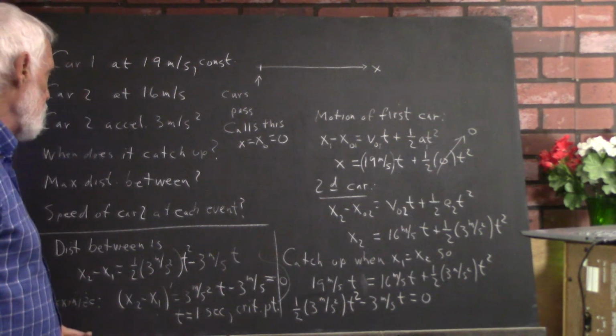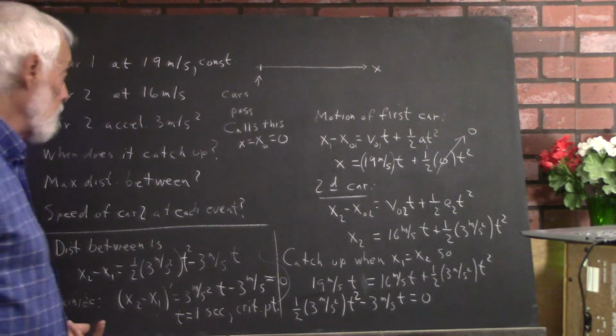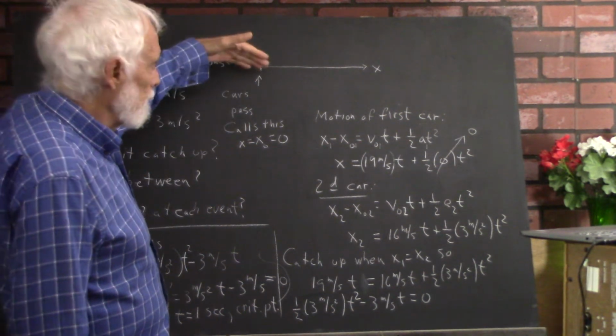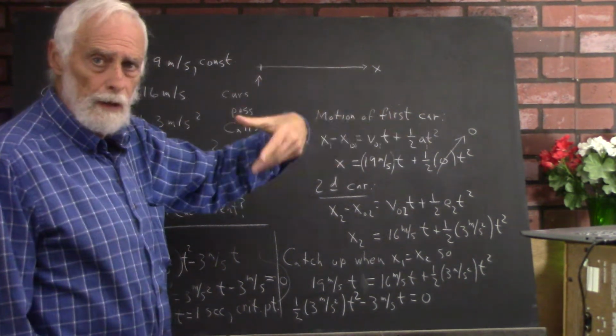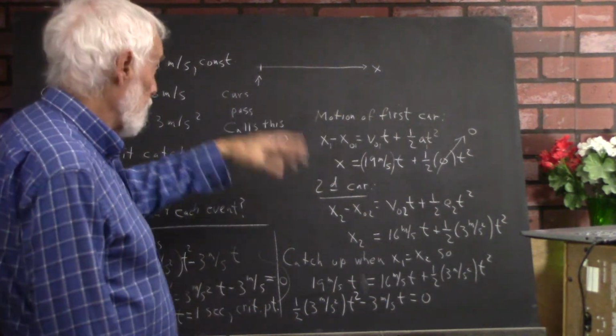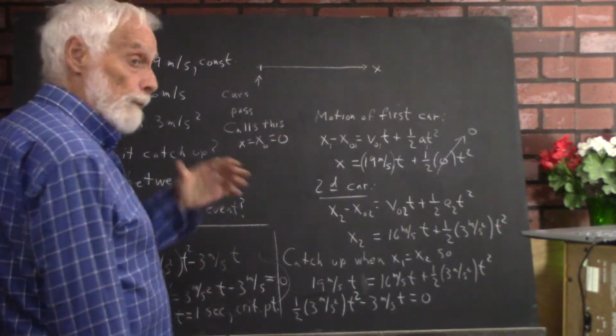How do we set this problem up? Well, it's pretty straightforward. You have to have an x-axis because you're going to be moving along an axis. Of course, you could call it a y-axis or a q-axis or anything, you're welcome to do so, but we usually use x for motion in one dimension.